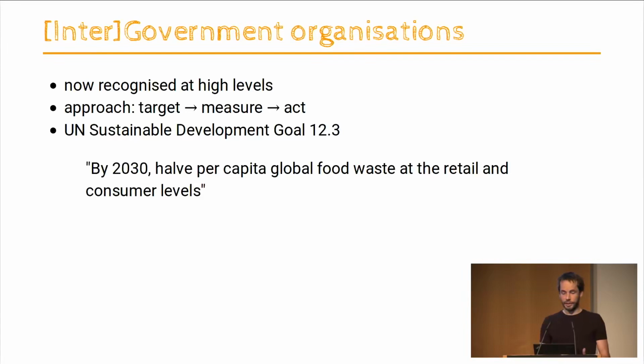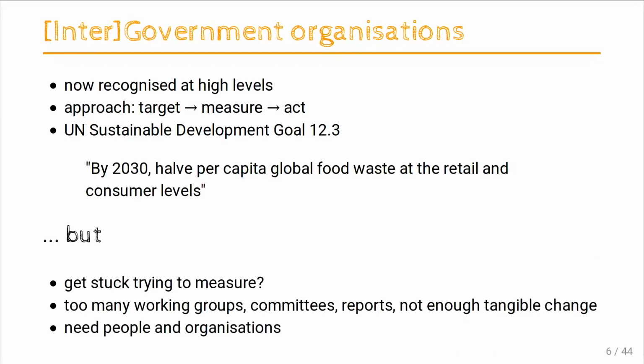The UN Sustainable Development Goals that were launched in 2015 included Goal 12.3, which is to halve per capita global food waste at the retail and consumer levels by 2030. However, this is not necessarily solving the problem yet.